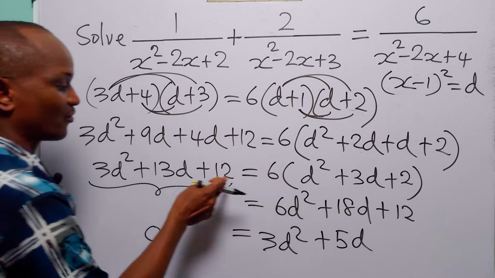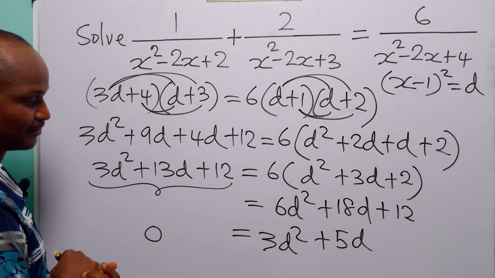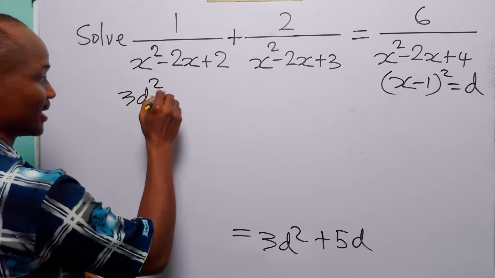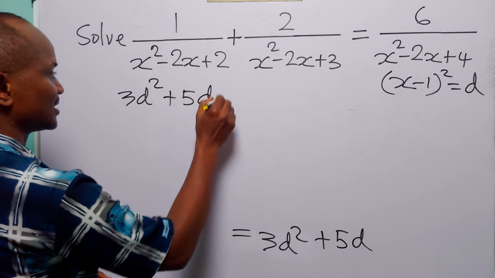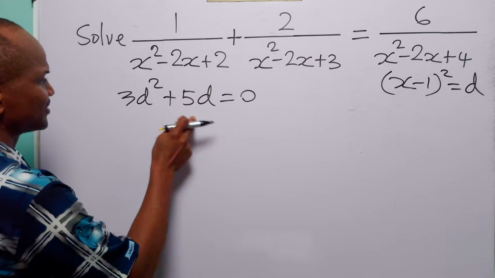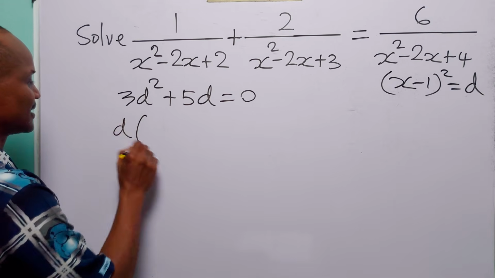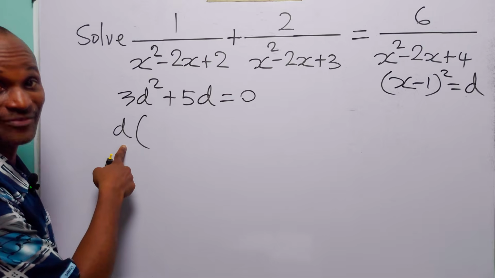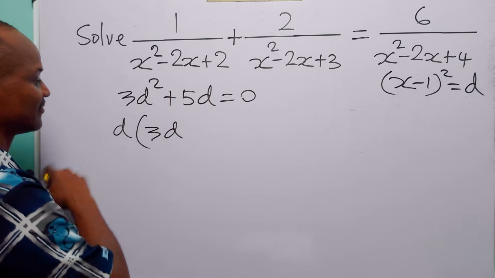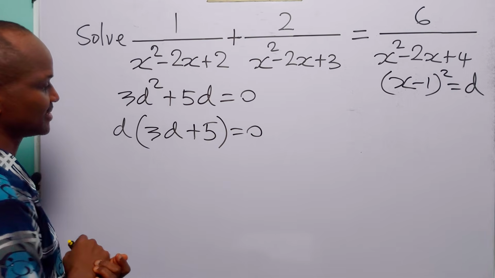And 12 minus 12, of course, is going to give us 0. Ultimately, we have that 3d squared plus 5d is equal to 0. Now, when you look at these two terms, you're going to see a common factor, d. So we have d times, 3d squared divided by d is 3d, and 5d divided by d is 5. And this is equal to 0.